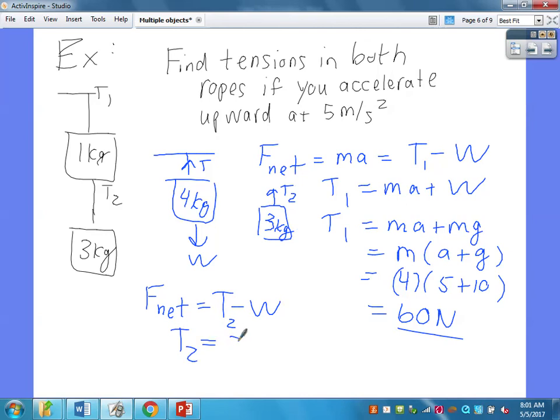This would be 3 times 5 plus 10. So this would be 45 newtons on the bottom. Okay, so top one would feel 60 newtons, bottom would be 45 newtons. And again, that's greater than the weight. Both of them are greater than the weight because they're accelerating upwards.